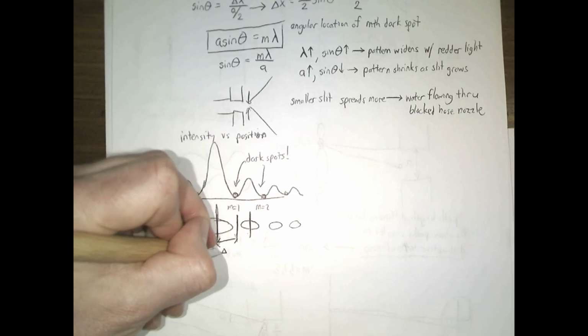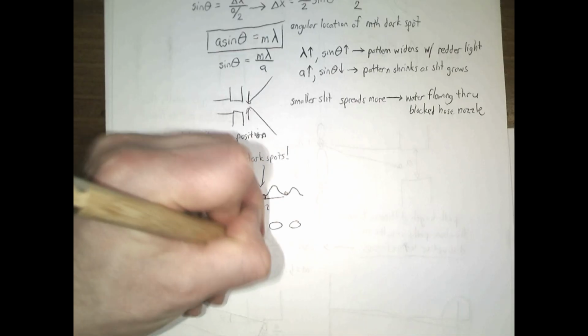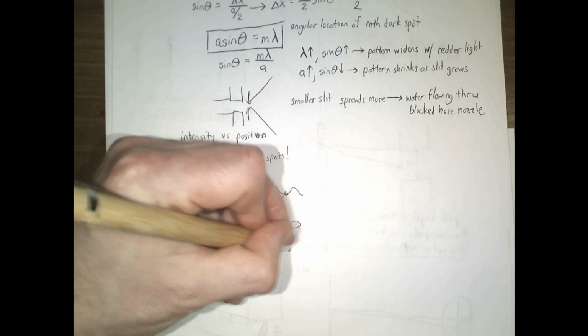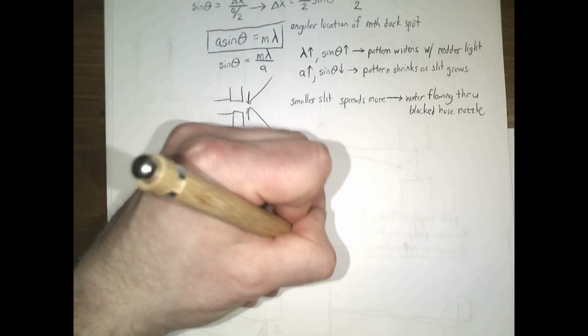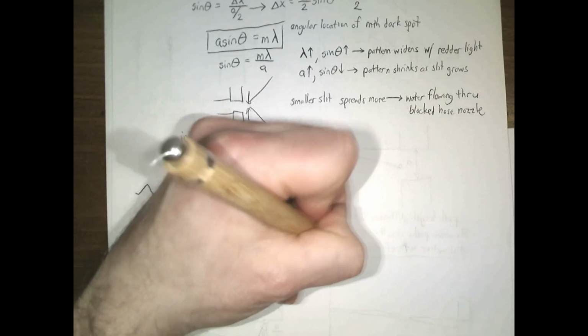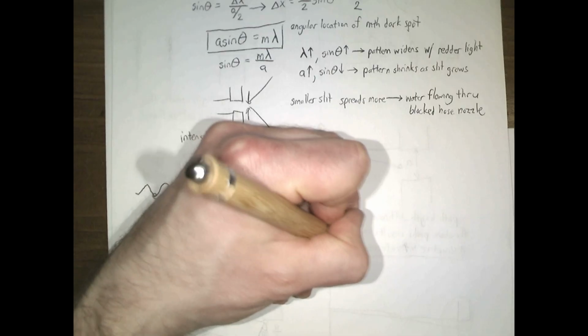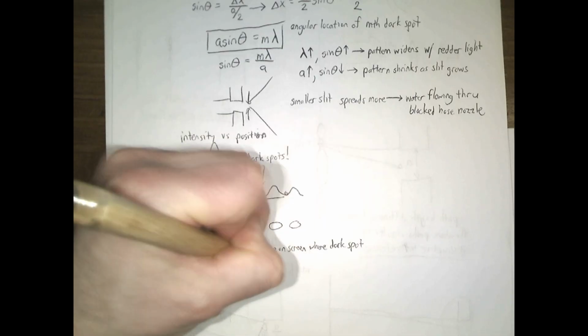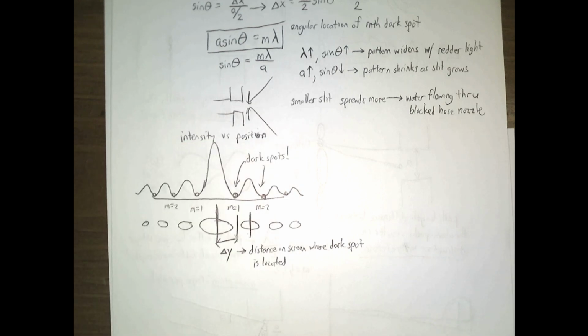So you look at this feature like delta y, the actual distance on the screen where the dark spot is located. This is something you can actually practically measure with a small, very accurate ruler.